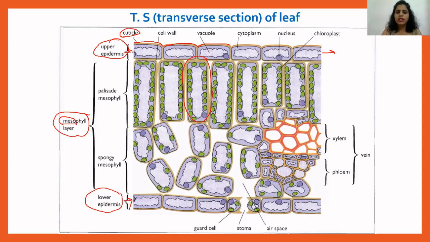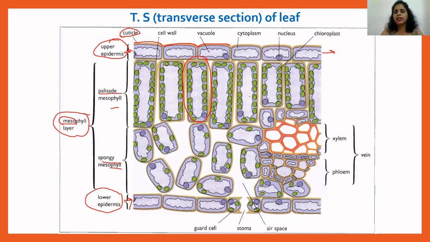In the case of a leaf, there are two types of mesophyll tissues. The first one is palisade mesophyll tissue or palisade mesophyll cells, and the second one is spongy mesophyll tissue or spongy mesophyll cells.